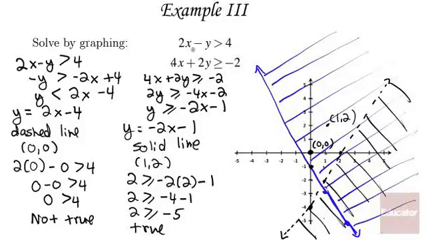For this one, we had to take an extra step to put this in standard form, and then graph the corresponding linear equation to find the boundary line. Use the test point to find that the lower half plane was the solution set for this first inequality. Same technique for the other inequality, and the upper half plane turned out to contain the solution set. So my area of intersection is right here. That is the solution set for the system.